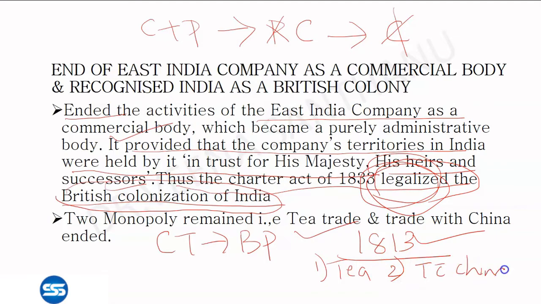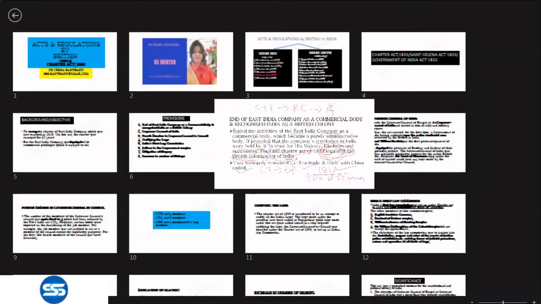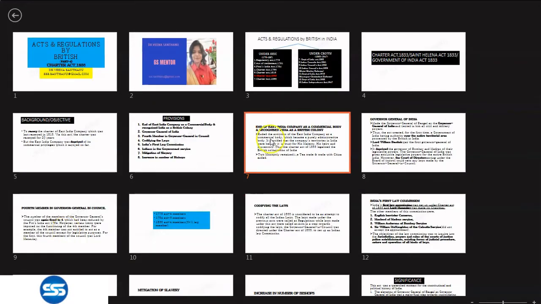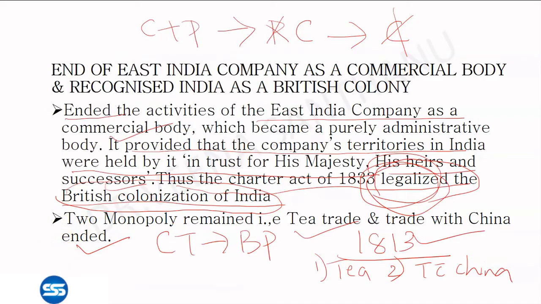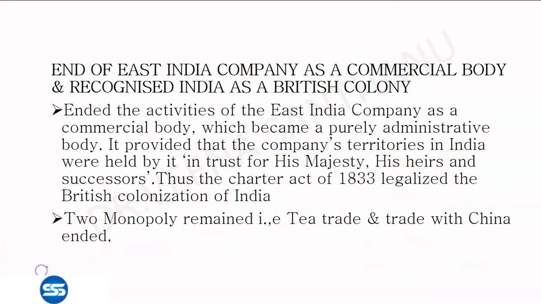But these two monopolies also ended in this 1833 Act. Once again I am repeating, in Charter Act 1813, the company had two monopolies remaining, that is, the tea trade and trade with China.